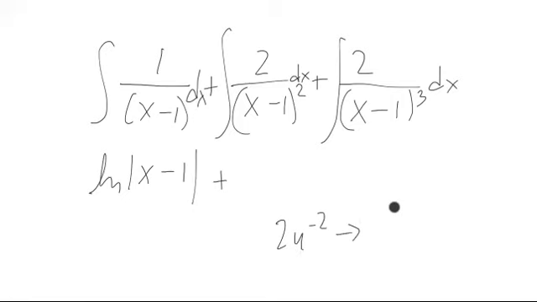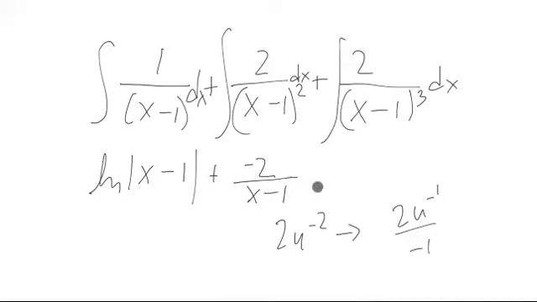So that would be 2 u to the negative 1 over negative 1, which would be negative 2 u to the negative 1. I guess we could just make a plus, or we could do it various ways. I'll just do it this way. Negative 2 over x minus 1, because x minus 1 is u, right there.